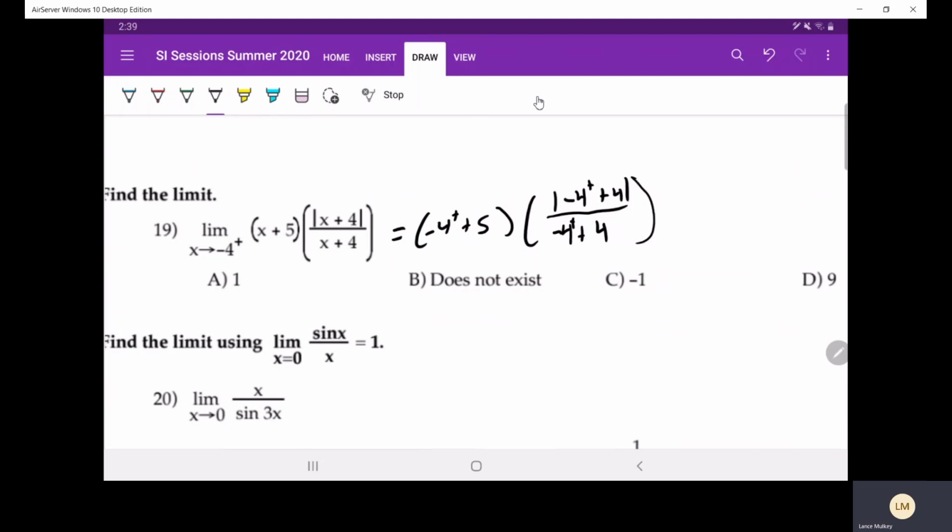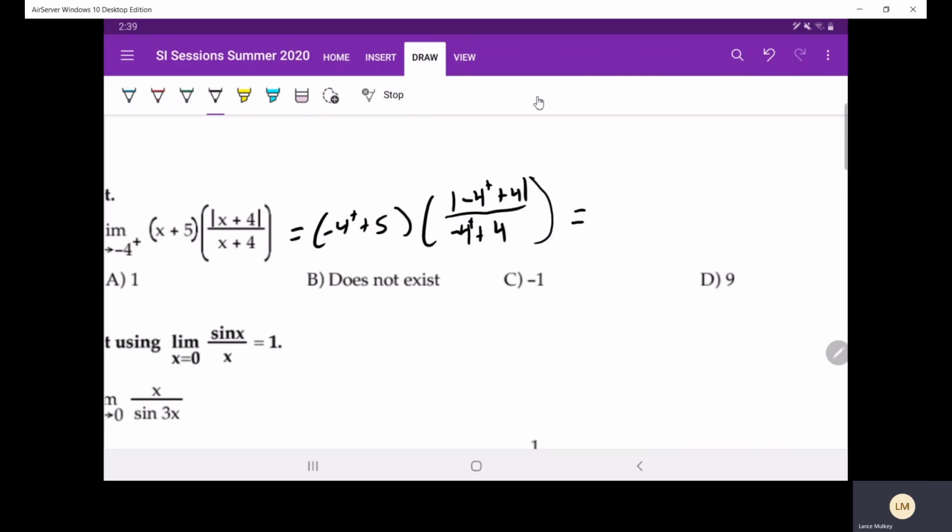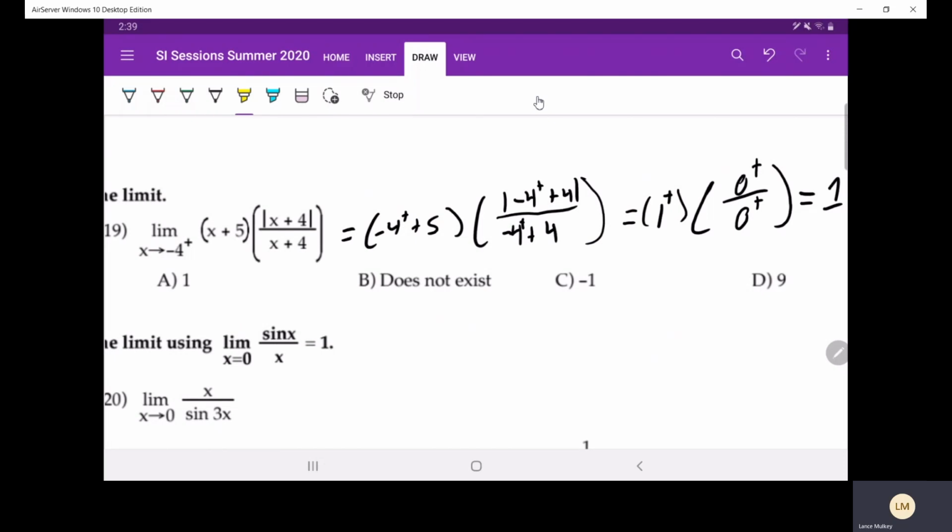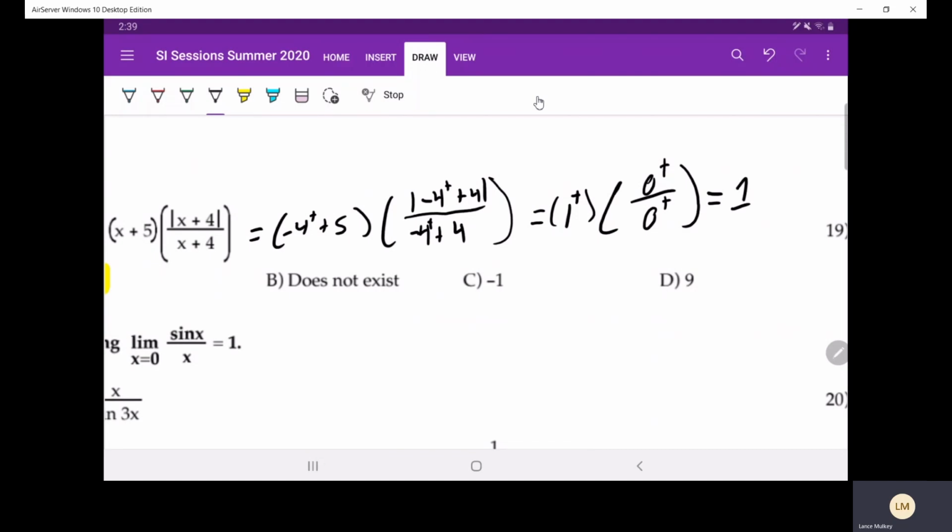Usually when there are absolute values, you have to take it from both sides. So that equals 1 plus times 0 plus over 0 plus. It equals 1. I believe that's correct. I don't know how you get 9.